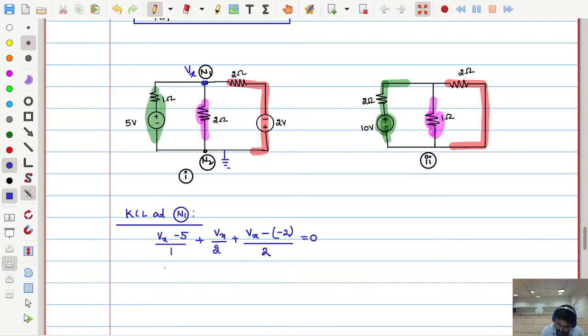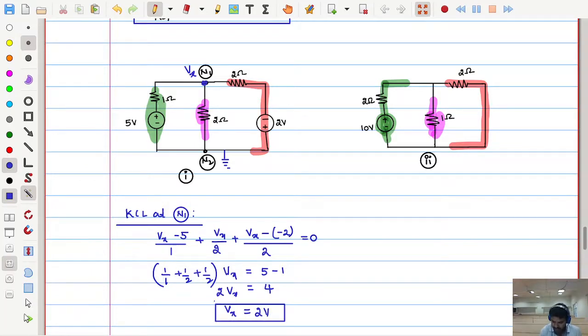How much is the Vx? (1 by 1 plus 1 by 2 plus 1 by 2) whole into Vx, and what is left as constants here? 5 will be there; if it goes to the right side, plus 5. So here 2 by 2 is 1, so plus, but it will come as a minus, so it is 4. And how much is this value? 1 by 2, 1 by 2, 1. So this becomes 2 Vx. Ultimately, what is Vx? 2 volts.